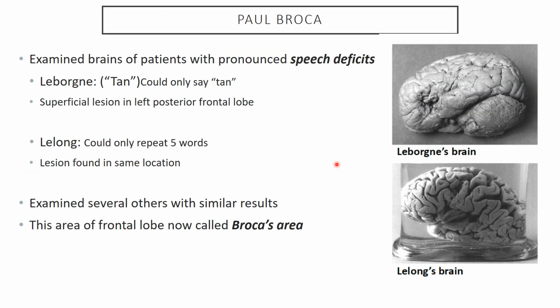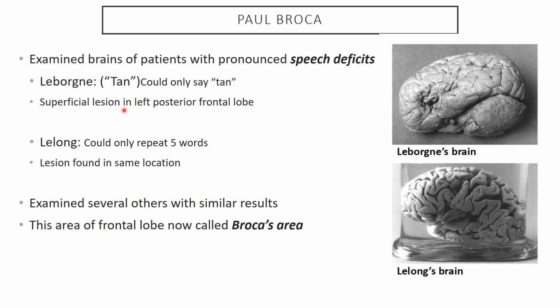So Paul Broca had identified this critical brain area that is now named after him, and identified that patients of his that had certain specific speech deficits had damage to particular parts of their brain. And this was eventually what we call Broca's area, this part of the frontal cortex.